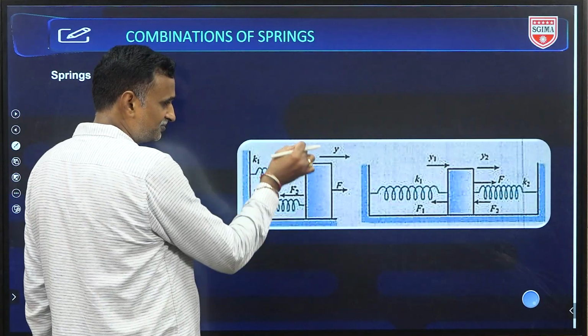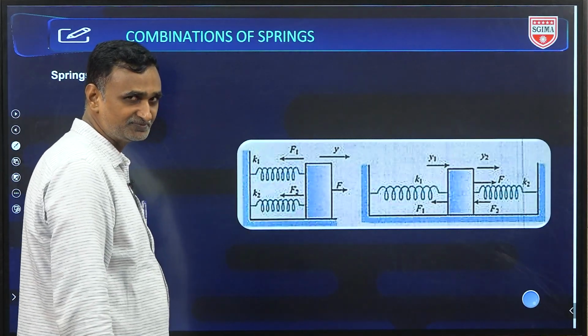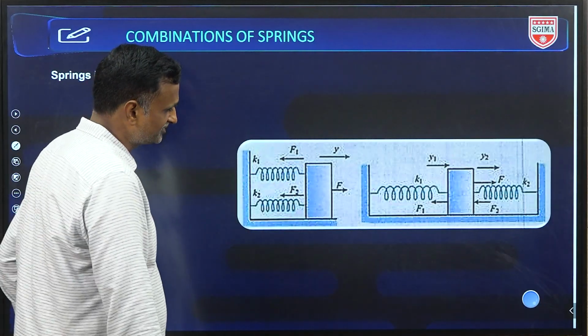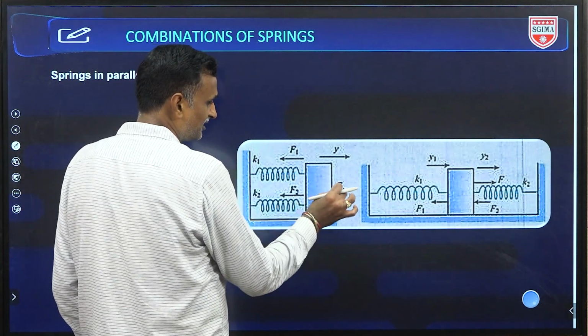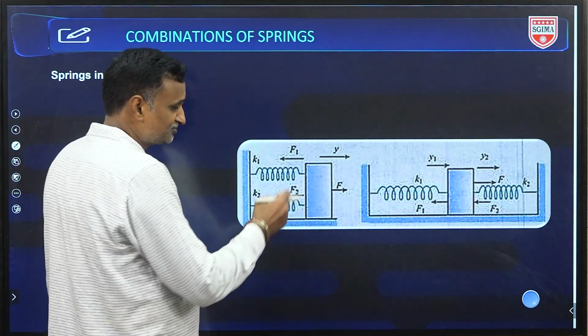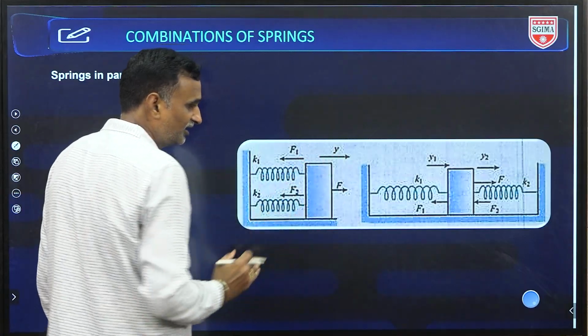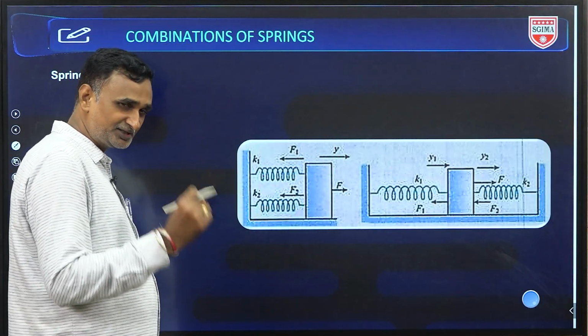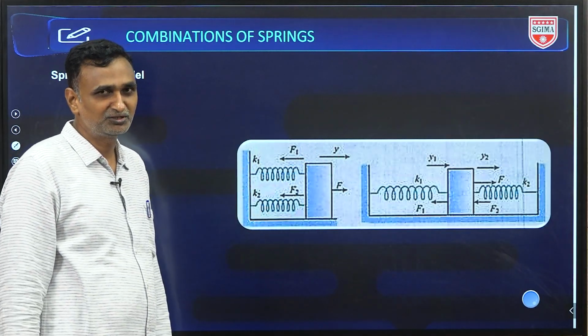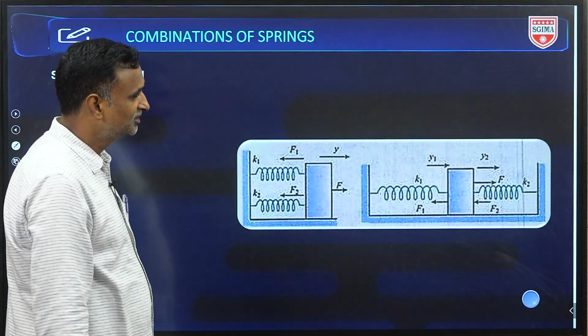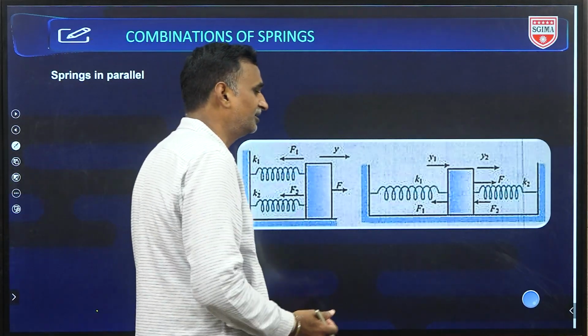In this case, the force is variable and the displacement must be the same. Suppose I move this block by displacement y, then spring 1 and spring 2 must move by the same displacement. This is actually the key point for identification of a parallel combination. You can understand the same point here.